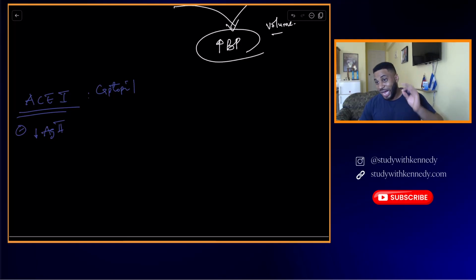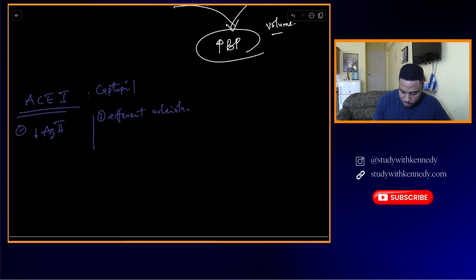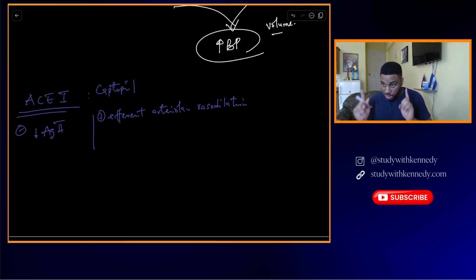If you cannot make angiotensin 2, it means you're going to have less vasoconstriction of the efferent arteriole, meaning this will result in efferent arteriolar vasodilation. Think of it again.